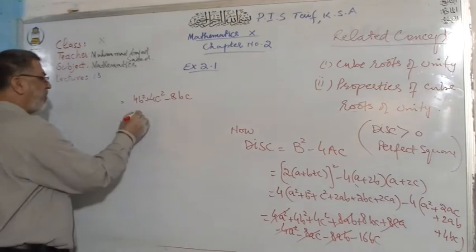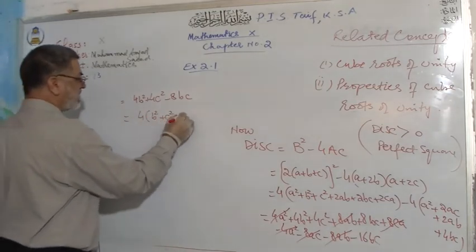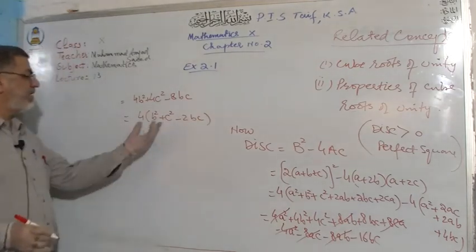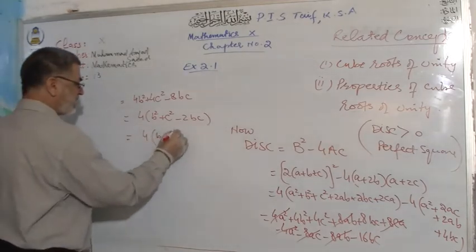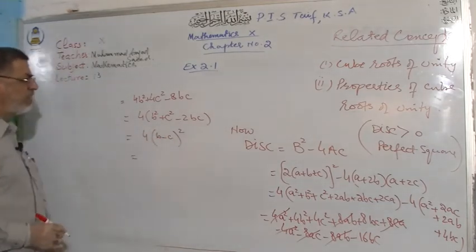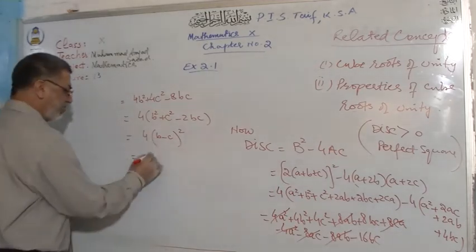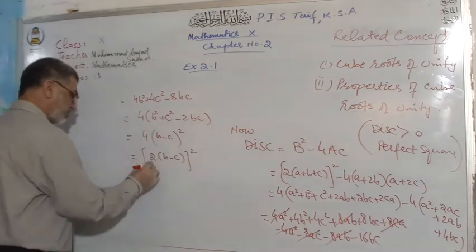We can take 4 common from here: b square plus c square minus 2bc. Remember that inside the bracket, actually this is b minus c whole square. Even you can bring this 4 inside the square by writing down 2 into b minus c whole square.